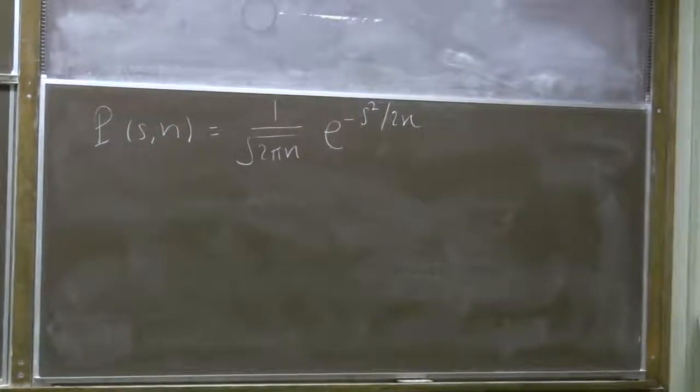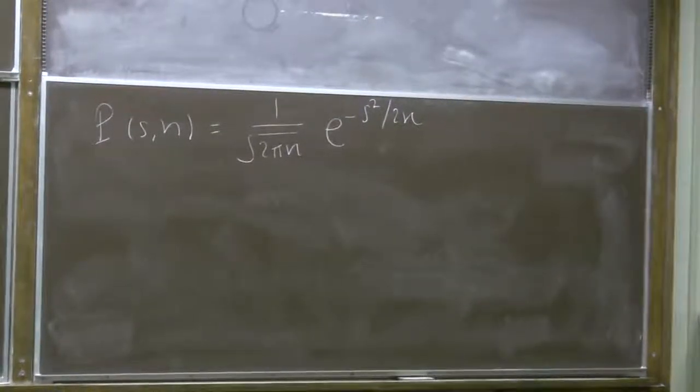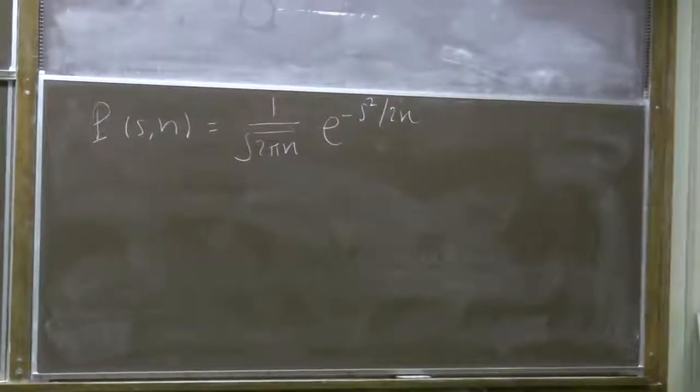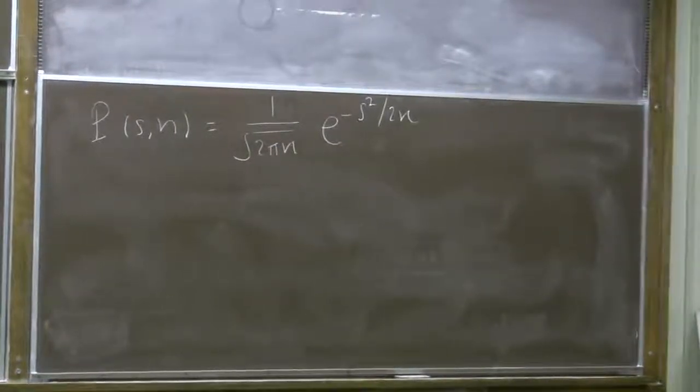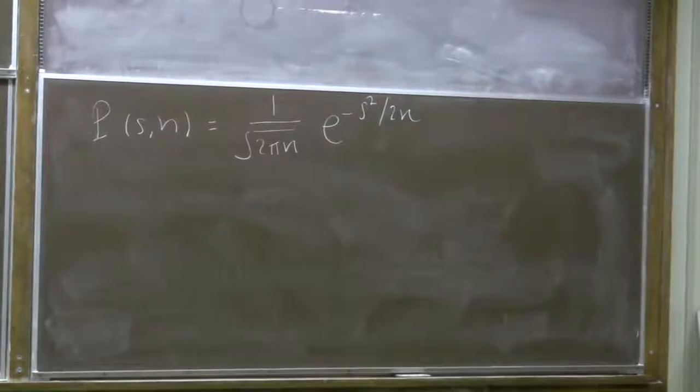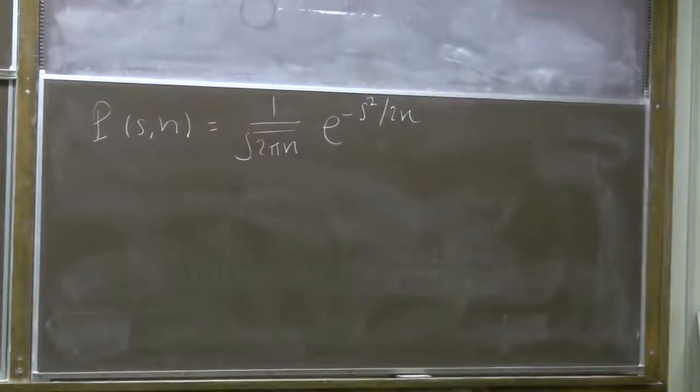You're just doing a random walk, right? It's unbiased. So I go with probability 1/2 to the left or to the right.